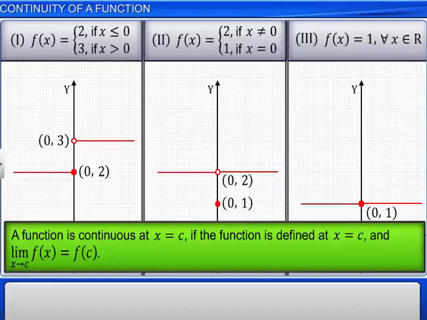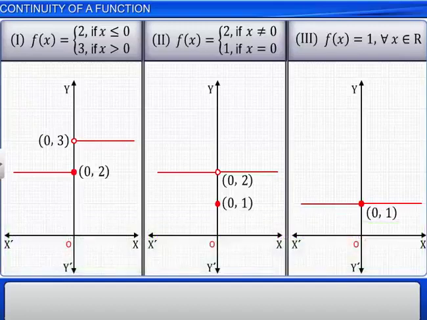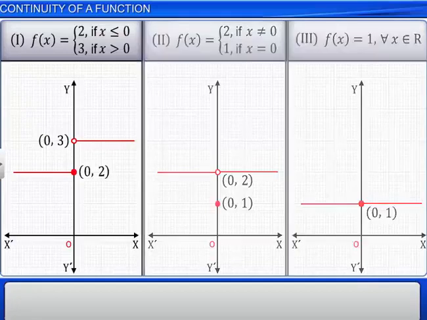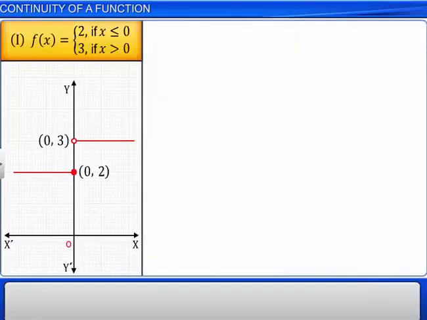Now, let's interpret these graphs by determining the left and the right-hand limits of each function. Let's start with the first graph. It is clear that the value of the function is equal to 2 for all negative values of x.